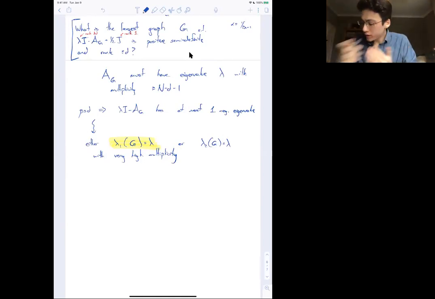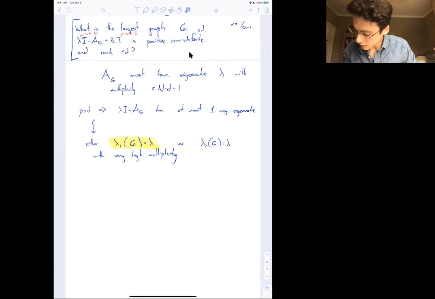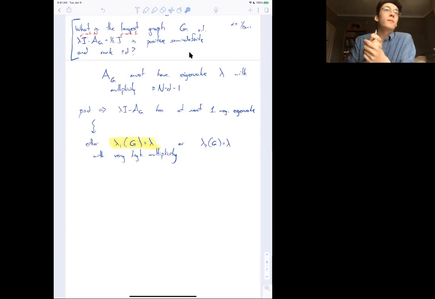So we know that this matrix, lambda I minus A_G plus 1/2 J, has small rank. So let's just look at the size of the... Good question.